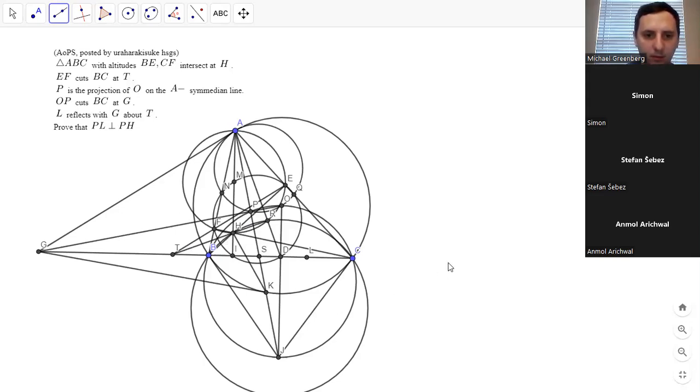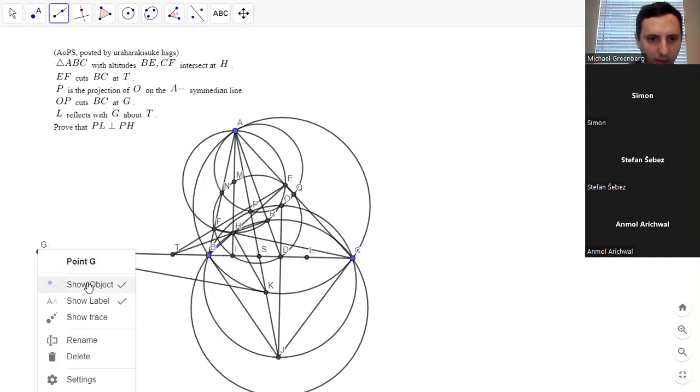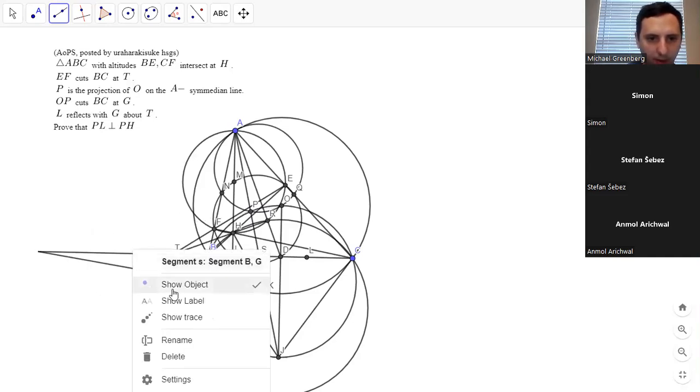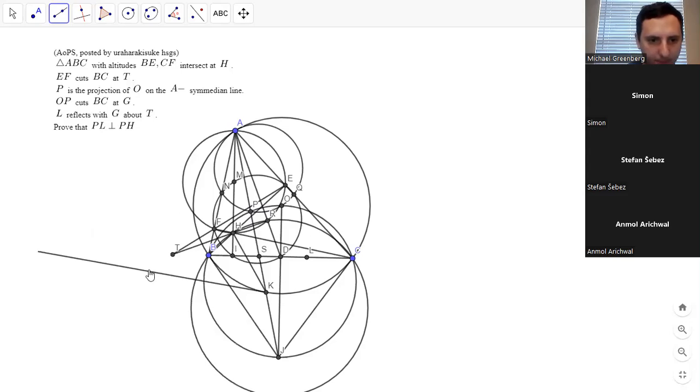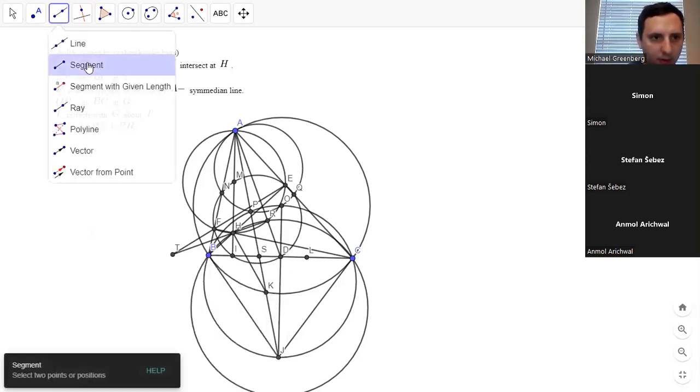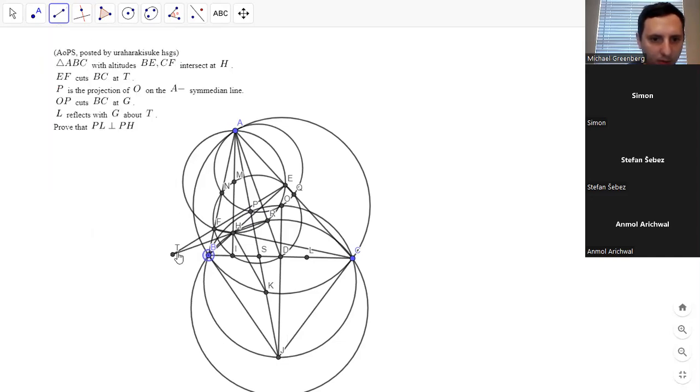Now we can actually get rid of G. I think we can hide a bunch of stuff. We just want to show that PT is perpendicular to HK, which is much easier. Or it seems easier. I don't know. So H is not the orthocenter of PTK.